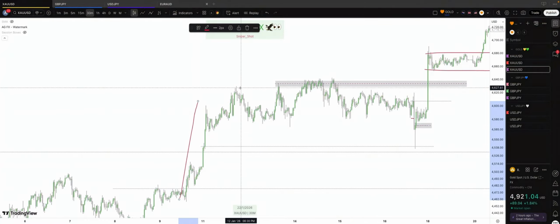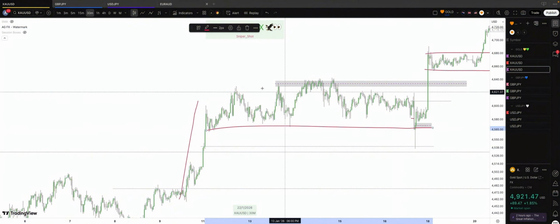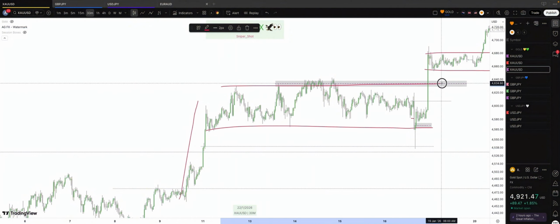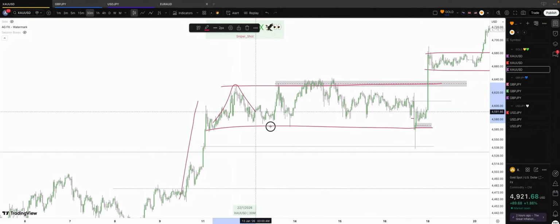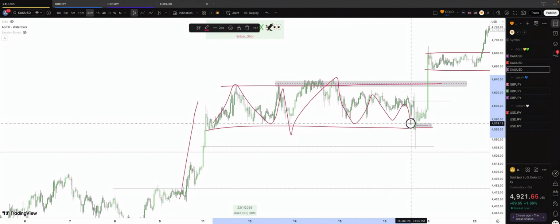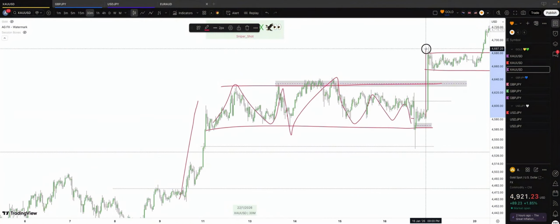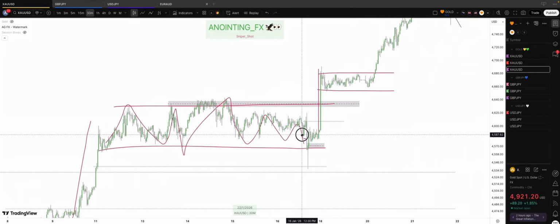Okay, then we began to have this correction where price consolidated for a while in a range. See that price went to resistance, came to support, resistance, came to support, resistance, support, resistance. It was ranging like that. Okay, and then after the correction, price gave another impulsive movement to the upside. The same thing kept on happening.